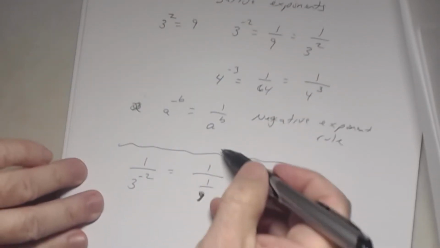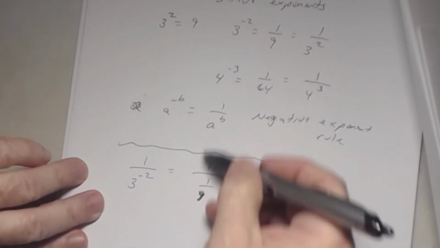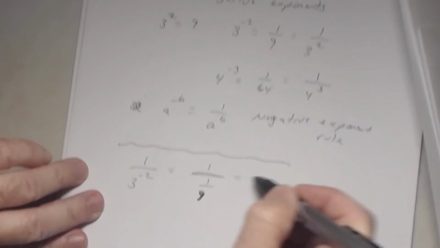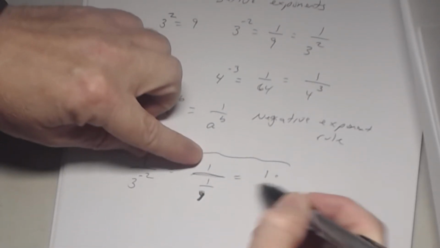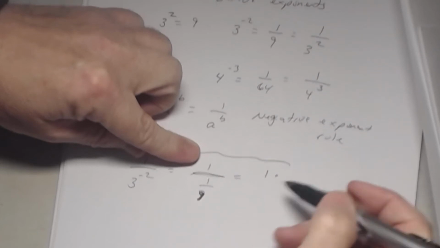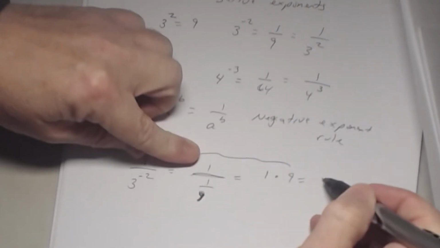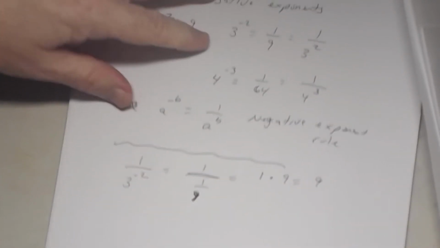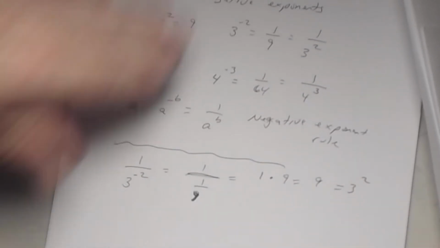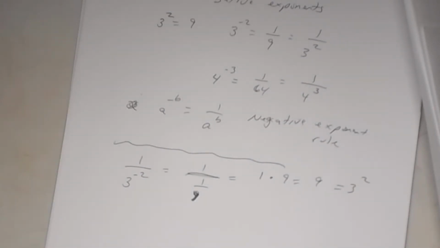But from a previous course, how do you divide fractions? You change this division, what kind of problem? So that's 1 times the reciprocal of 1/9. What's the reciprocal of 1/9? So what's the answer? All right. And you agree that 9 is 3 squared? So 1 over 3 to the negative second power, remember, you always want to make those exponents what kind of numbers?